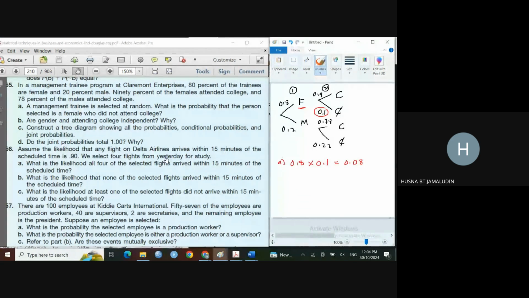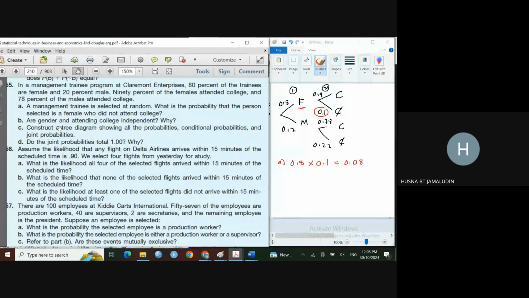Okay, now, second, are gender and attending college independent? Independence means they are not related to each other. Are they independent? Of course, no, right?